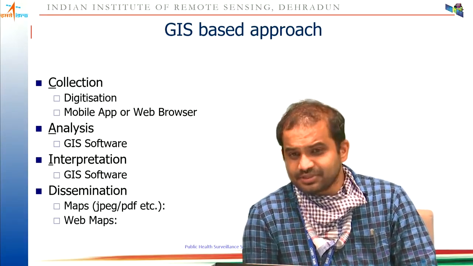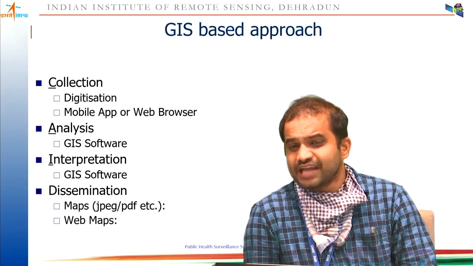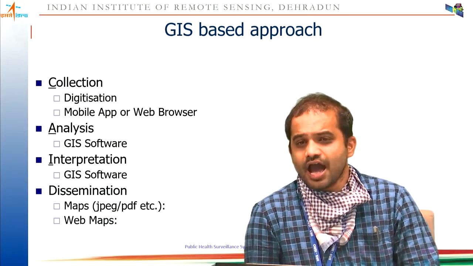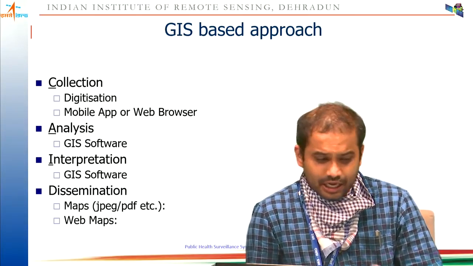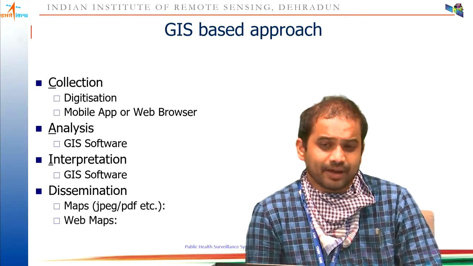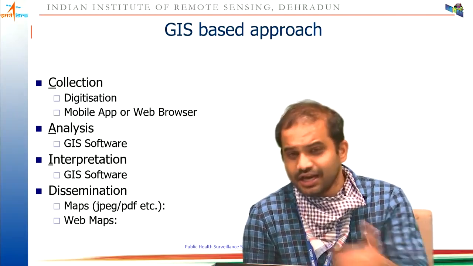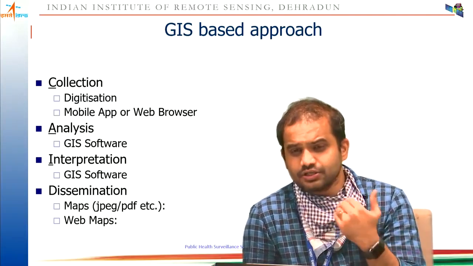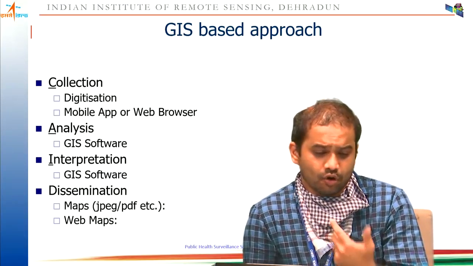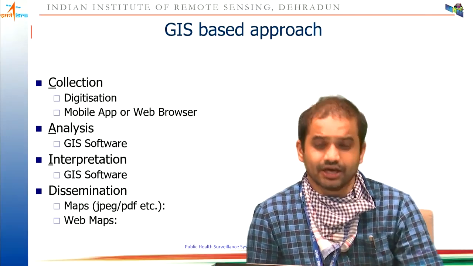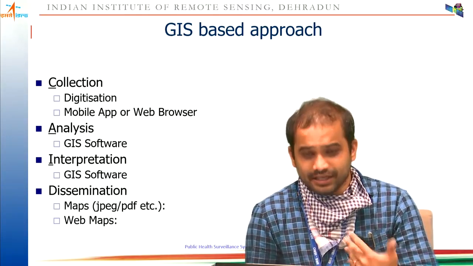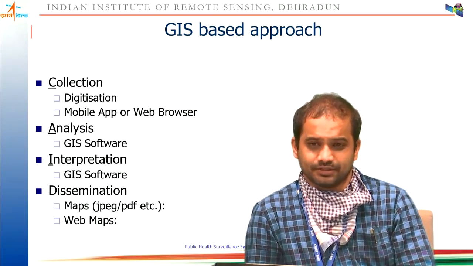In GIS, generally maps are created, so you can make static maps and then send them. There is another option where you can create a web map, where as soon as you interpret and finalize anything in real time, whoever is using that web map in a web browser can see the interpretation, so that a decision can be taken instantaneously.